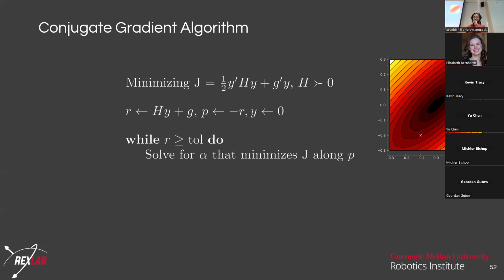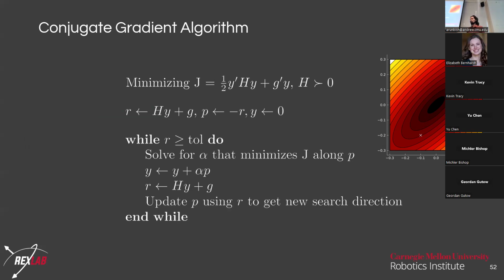You don't need to invert a linear system to solve that. Then it just updates the current solution, the current guess, and the residual with that new thing. And the key thing about conjugate gradient is that it's able to compute the new search direction, which has this conjugacy property, which essentially means that you can run all these 1D minimizations without them making the problem worse.